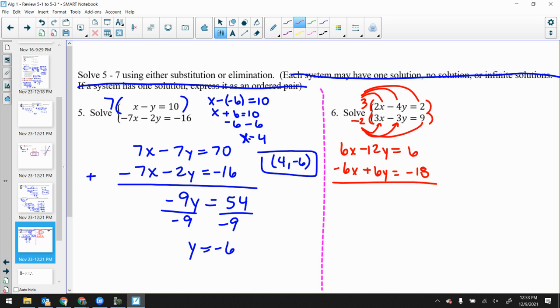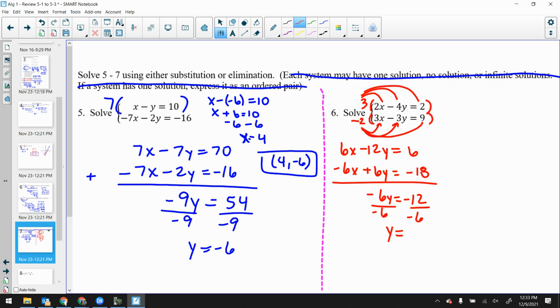And now we can add down. The x's cancel. The y's turn into negative 12 plus 6, which is negative 6. And 6 minus 18 is negative 12. 6 plus a negative 18 is negative 12. Divide by negative 6.